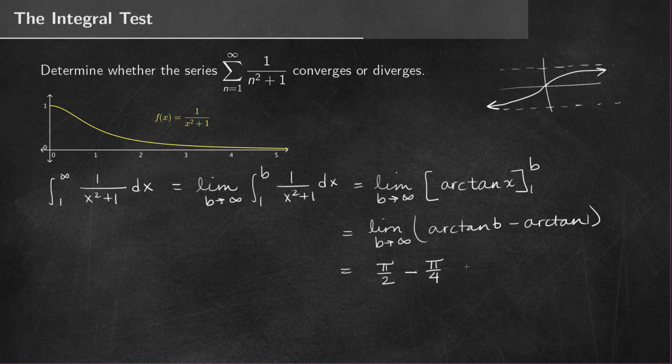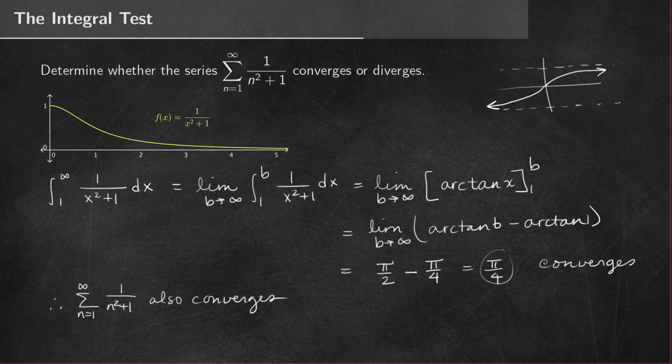Pi over 2 minus pi over 4 is pi over 4. Pi over 4 is finite, so that tells us our integral converges. And if our integral converges, then our series converges. So therefore, the series from n equals 1 to infinity, 1 over n squared plus 1, also converges. It doesn't necessarily converge to pi over 4, but it does converge.